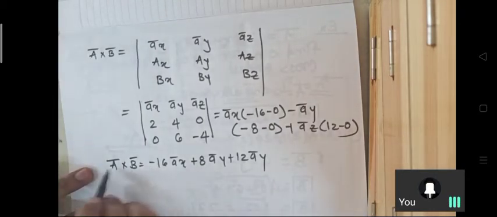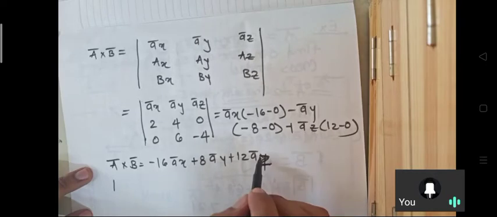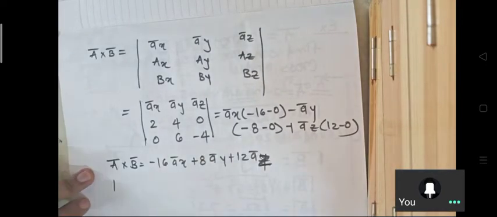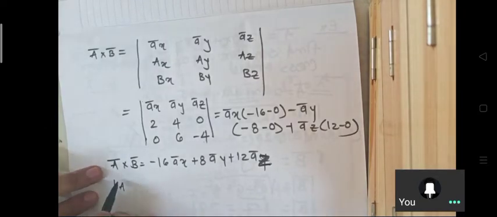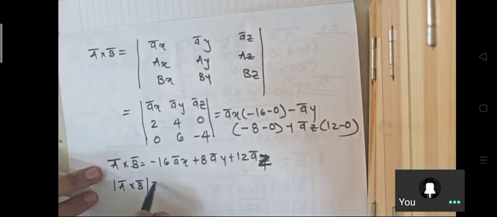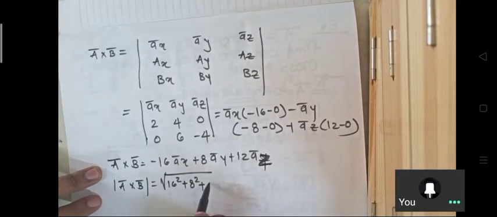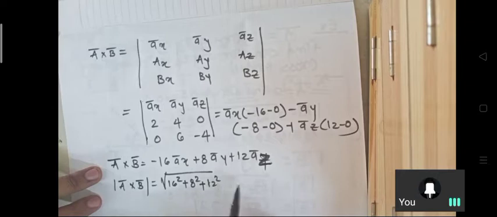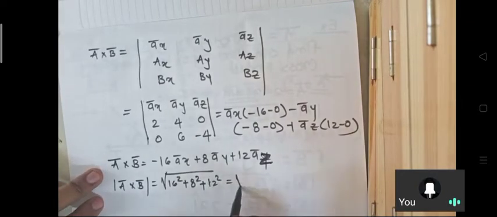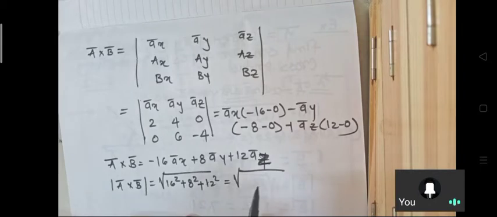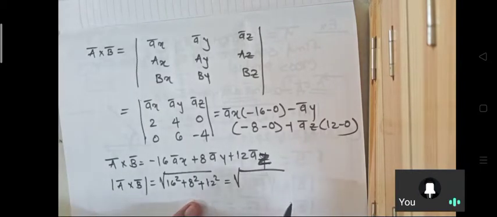Next step is to find the magnitude of this. Sorry for that, this is a bar z. So mod of a bar cross b bar is equal to under root 16 square plus 8 square plus 12 square, only magnitude. If you are having calci, do all of you have the calci?